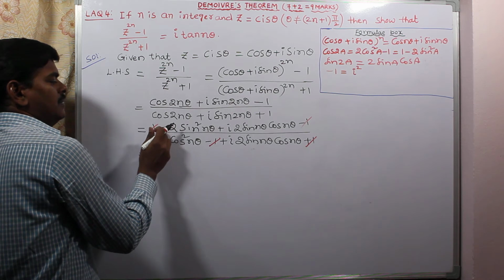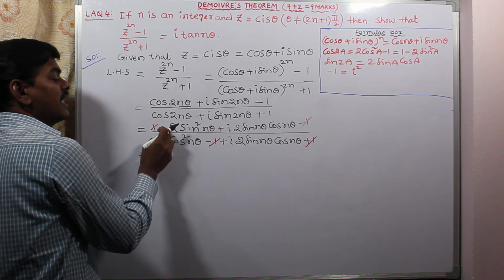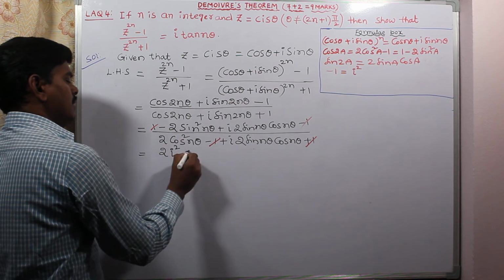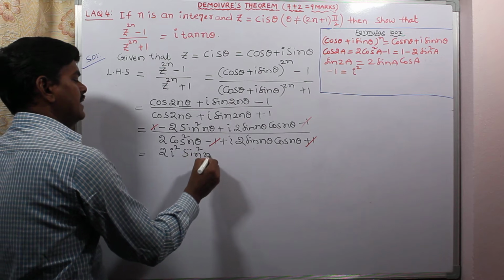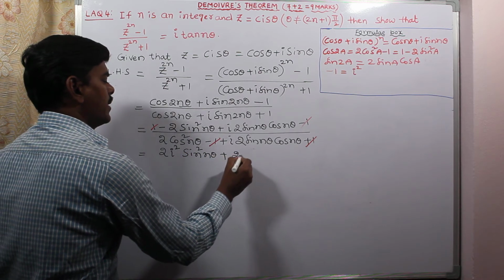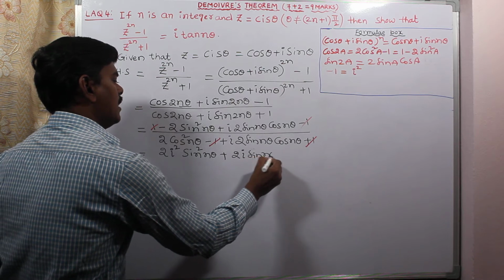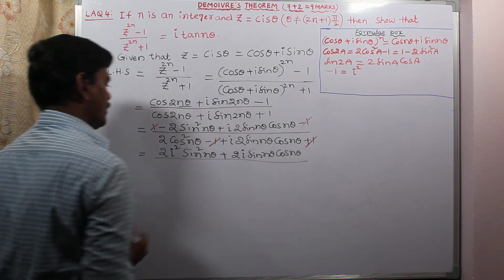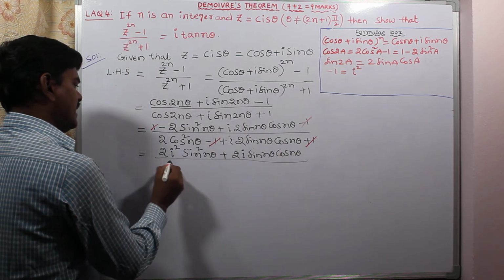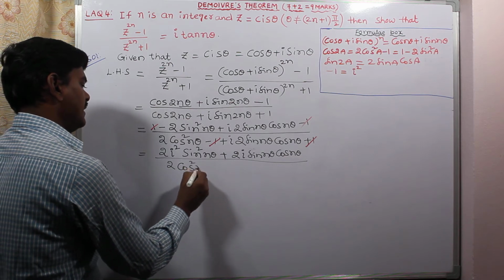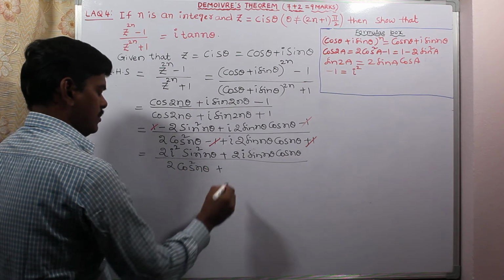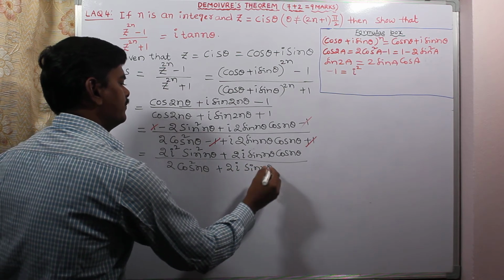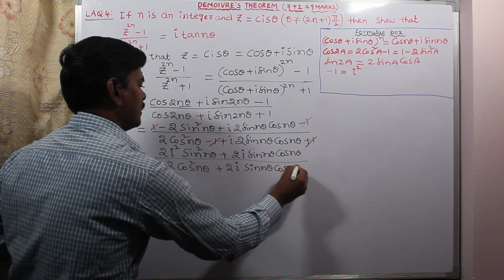So in place of minus 1 I can write iota square: 2 iota square sin square n theta plus 2 iota sin n theta cos n theta, whole divided by 2 cos square n theta plus 2 iota sin n theta cos n theta.